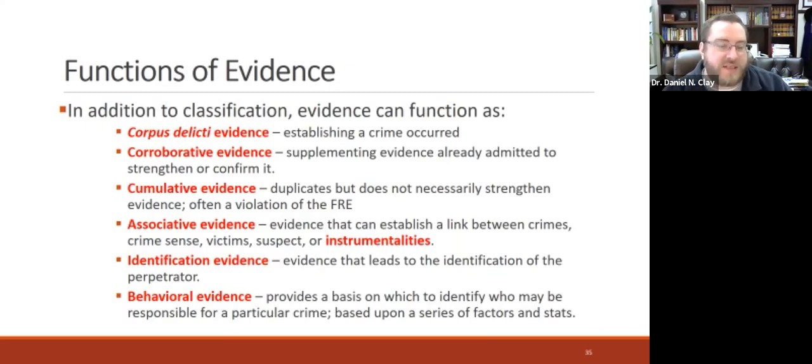So they use statistics, and if you want to get into that line of work, you definitely have to go to graduate school. You need a very good command of statistics, because that's really what it takes. You're making an educated guess as to behaviors or somebody's identity, who's related to a crime, just based on what you see at the crime scene and what those factors tell you statistically.